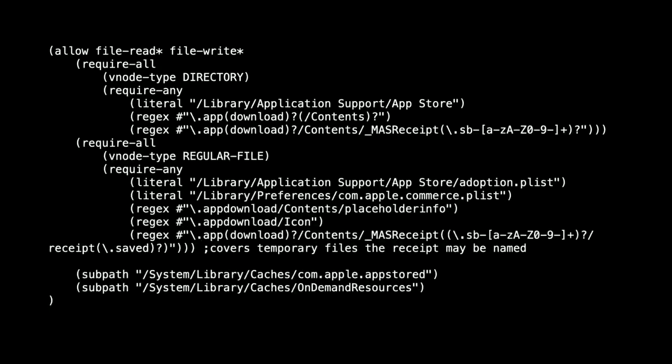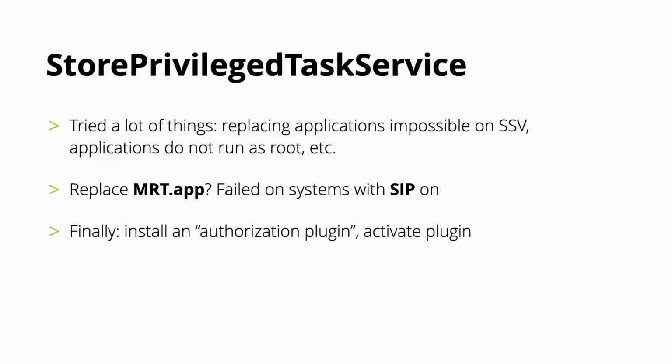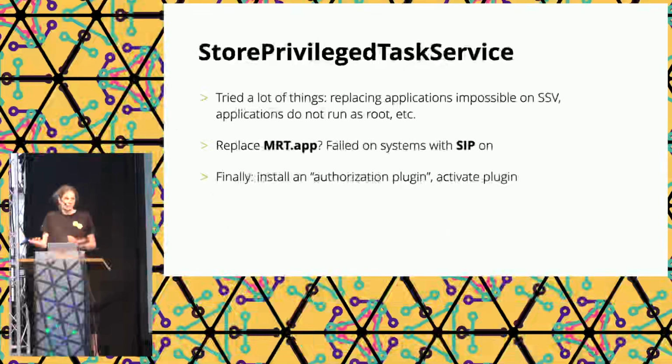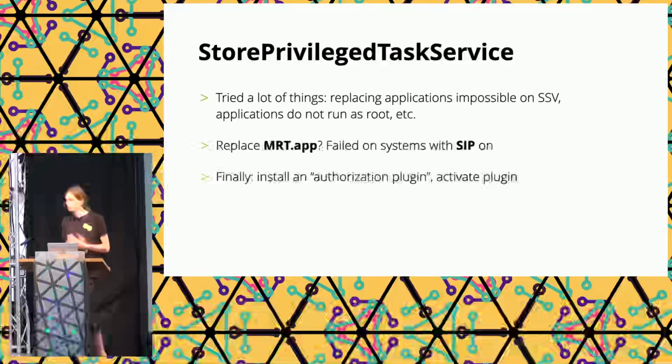Spent quite a lot of time on getting this to work. We tried a couple of different things, but we had to deal with the signed system volume, which means that we cannot overwrite any existing applications. We also want something that runs as root, and applications generally don't run as root, so it was sort of conflicting requirements that made it hard to find what we could do.